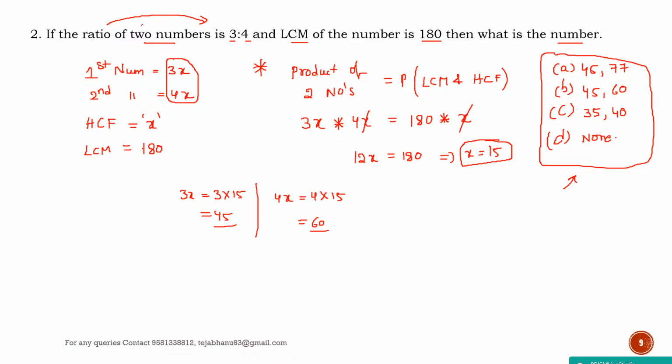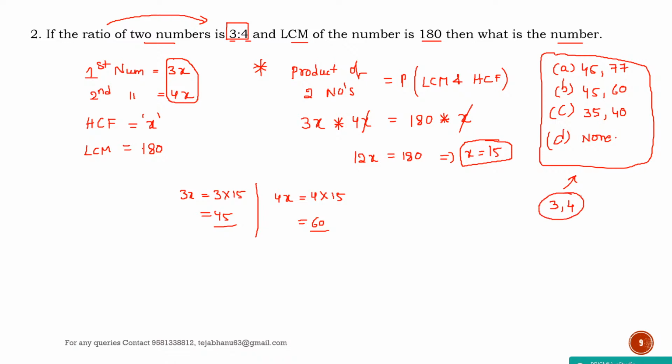The two numbers are in the ratio 3:4. Definitely, the first number should be divisible by 3 and the second number should be divisible by 4.